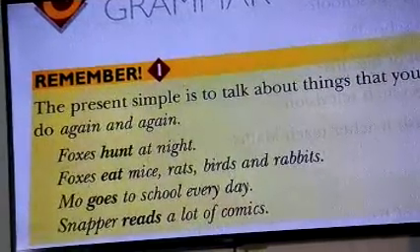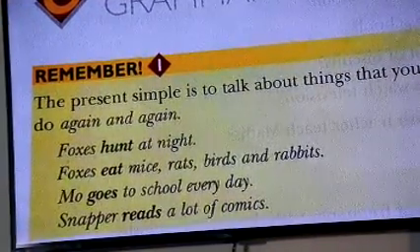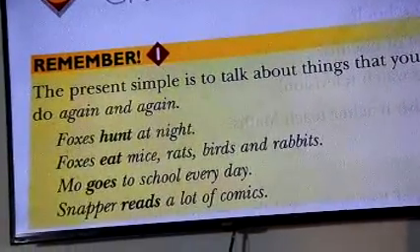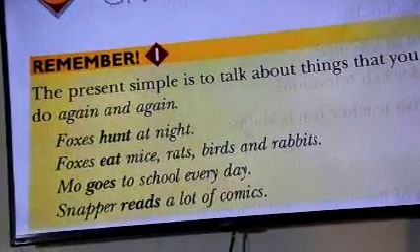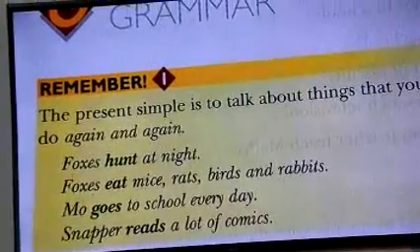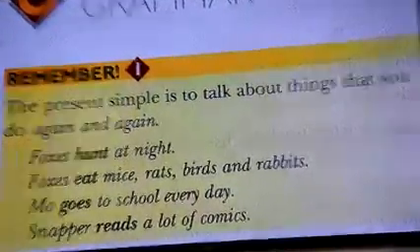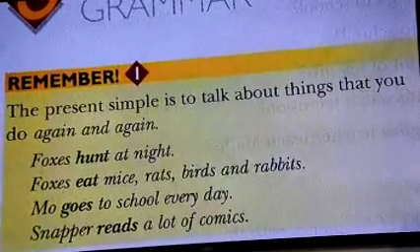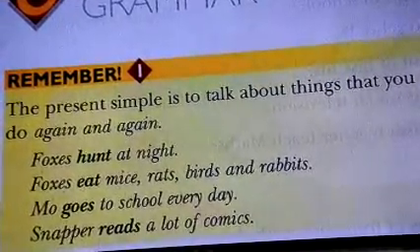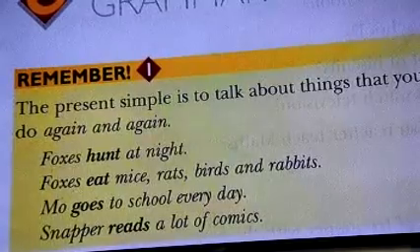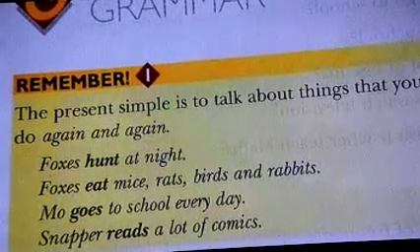Okay, so look at the sentences once more. The first two are plural. Foxes hunt at night. So the verb is also in the plural. To make the verb plural, it's just the opposite of singular and plural of nouns. What should you do?